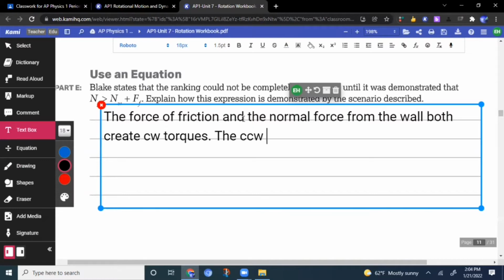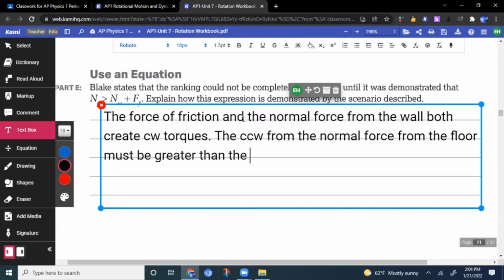The counterclockwise torque from the normal force from the floor must be greater than the two clockwise torques, because which way does the ladder rotate? At the end of the day, which way does it rotate? Counterclockwise, right? For the ladder to rotate counterclockwise.